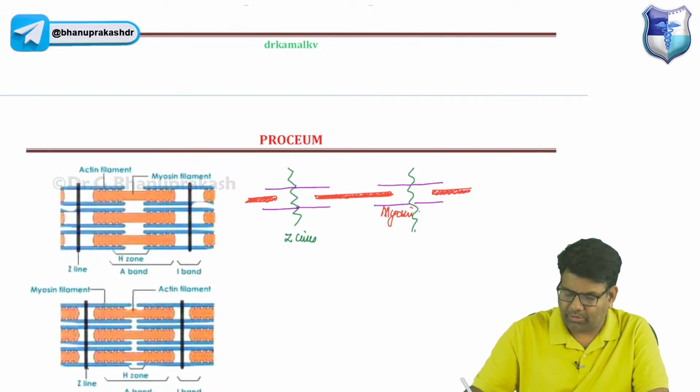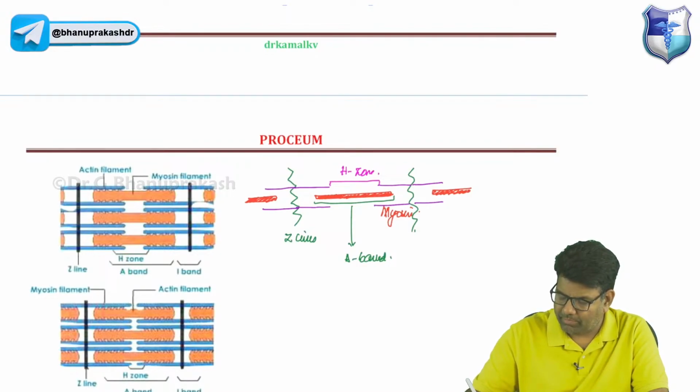The entire length of myosin is known as the A band. The distance between the tips of two thin filaments is known as the H zone, and the distance between the tips of two myosin filaments is known as the I band.